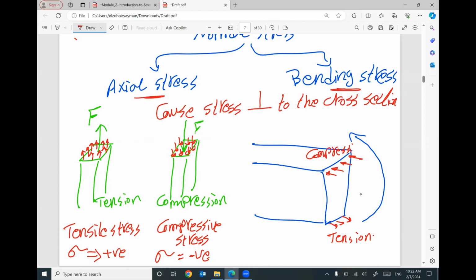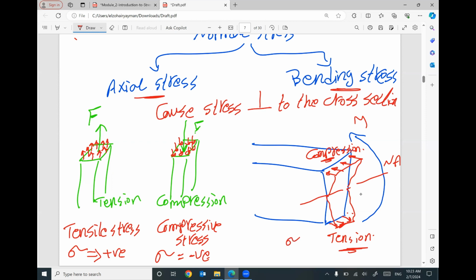So we have tensile stress and compressive stress at the same time if we have moment. In between, we will have something called the neutral axis, which will be covered later. So we will have stress that looks like this. Does that make sense? Part of the cross section is under tensile stress, the other part under compressive stress.